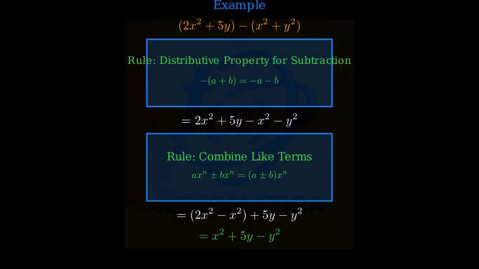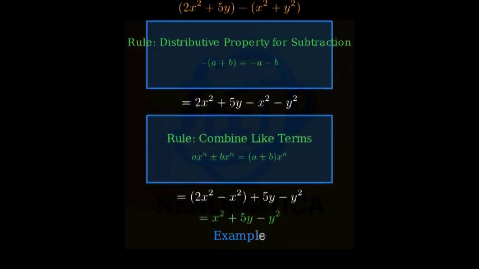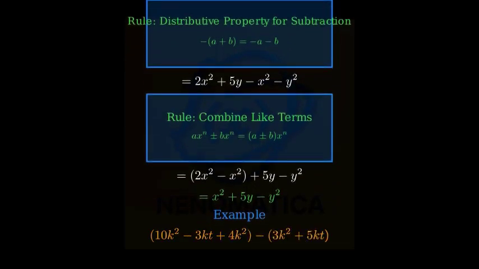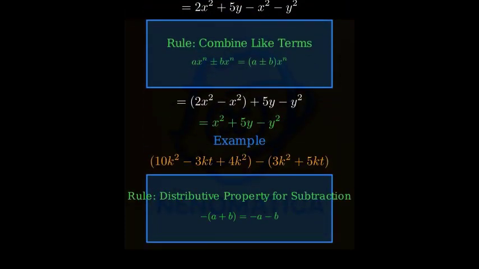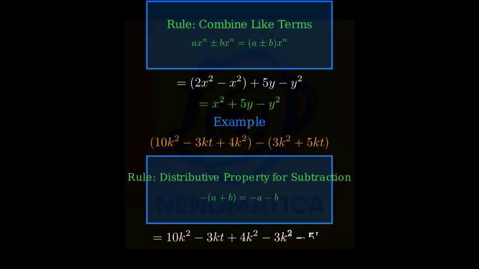Let's move on to our second example. We have the expression 10k squared minus 3kt plus 4k squared minus the expression 3k squared plus 5kt. First, we remove the parentheses. We keep the first group as is, and change the sign of each term in the second group. So, we have 10k squared minus 3kt plus 4k squared minus 3k squared minus 5kt.